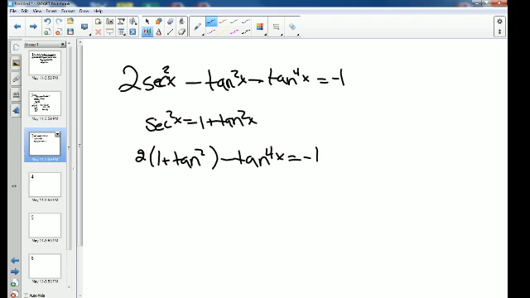Through factoring, this will be tan squared x minus 3 and tan squared x plus 1.